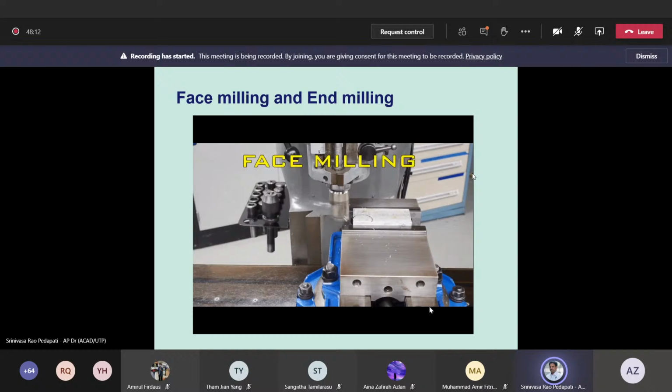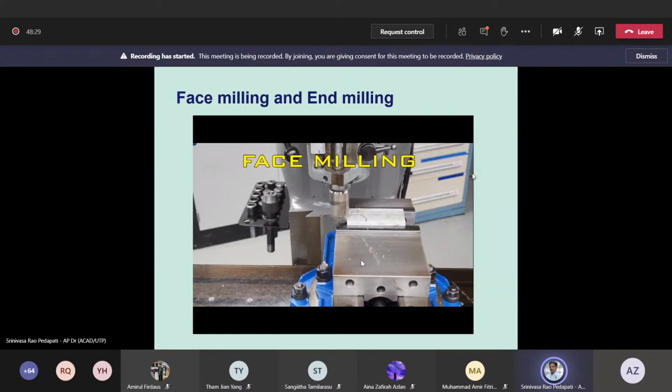So the one that is shown now is face milling. Face milling, as I said, the cutting teeth are only on the bottom surface. That is the face. It machines this face with the help of face milling.